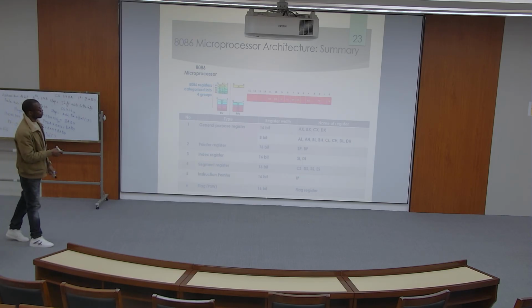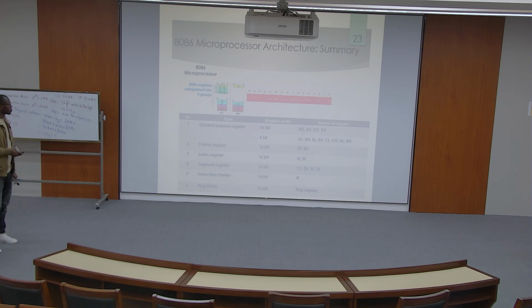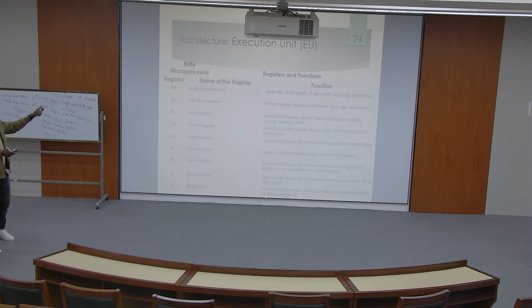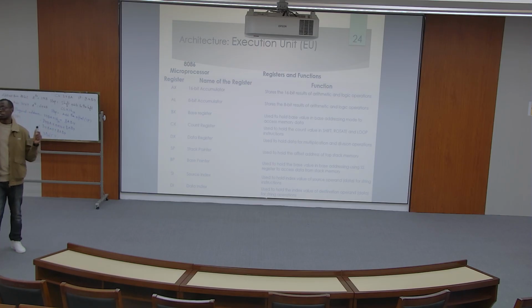We have the names of the registers and their main functions. This will help you to always remember the main functions of the different registers that we have learned. It is very important because when we start the lab, you need to know which register is important to which operation.